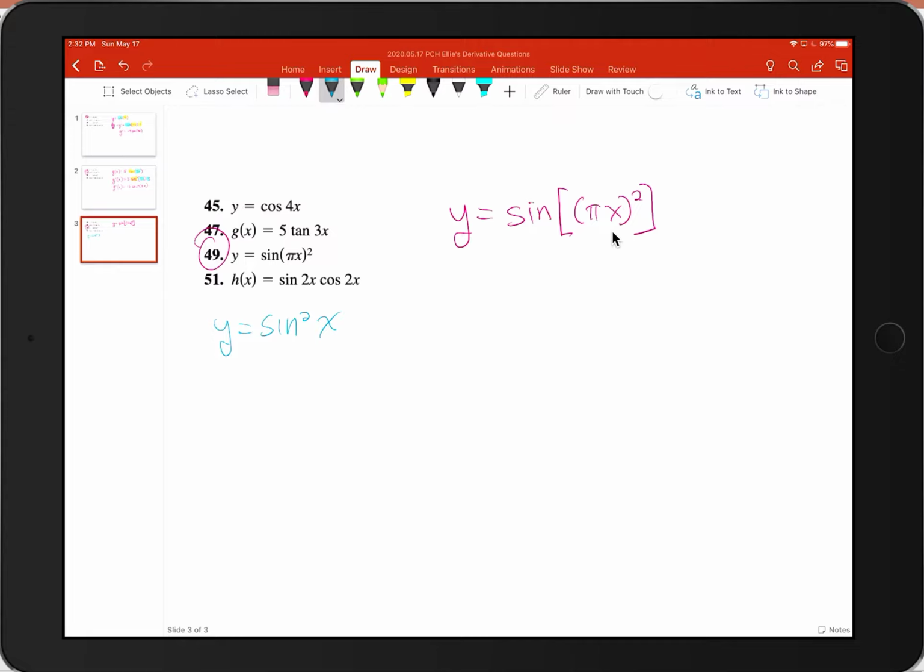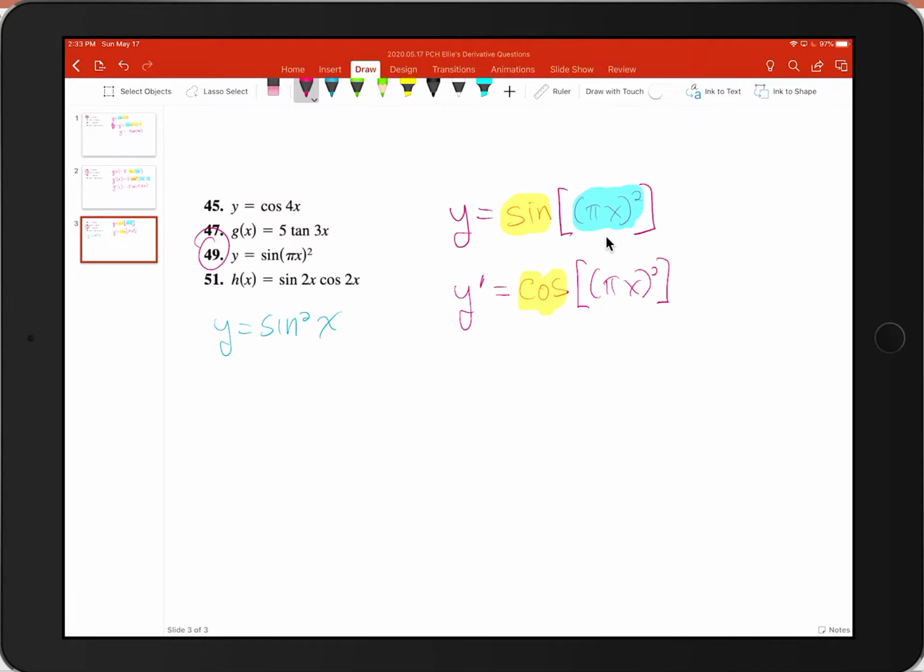So what we're going to do now in finding y prime is we are going to, once again, do something, derive sine, which we know is cosine, then do nothing because the inside function never changes.